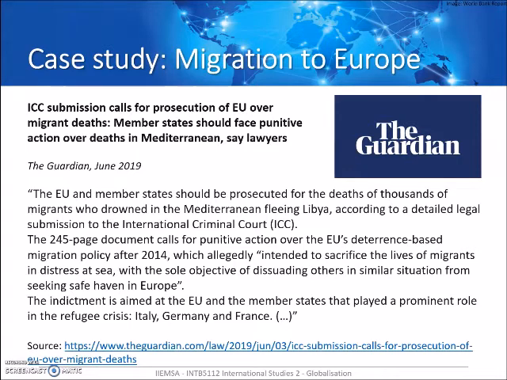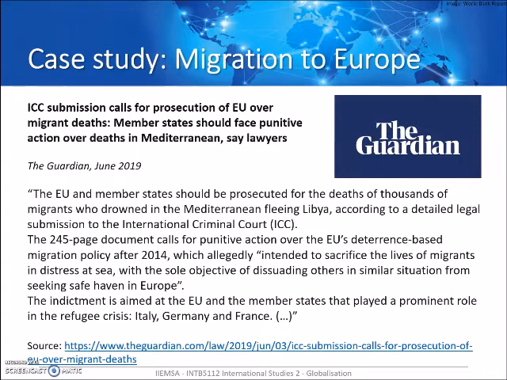What the court case says is that the EU followed a migration policy very much based on deterrence, in order to not invite more migrants to follow. The call says this allegedly intended to sacrifice the lives of migrants in distress at sea with the sole objective of dissuading others in similar situations from seeking safe haven in Europe.